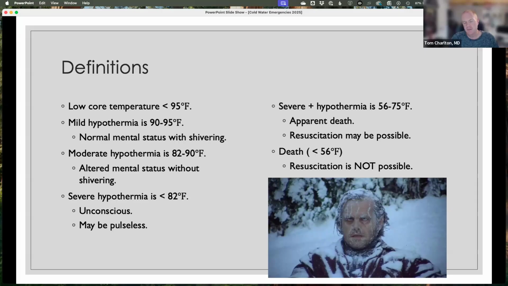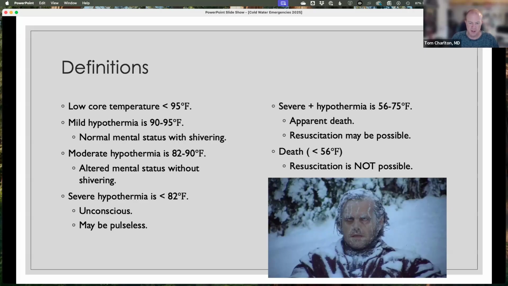And then severe plus hypothermia is when they're in that 56 to 75 degree range. At this point, these patients are going to appear dead, and there may be resuscitation possible. These folks, when they get this cold, are very, very difficult to rewarm.